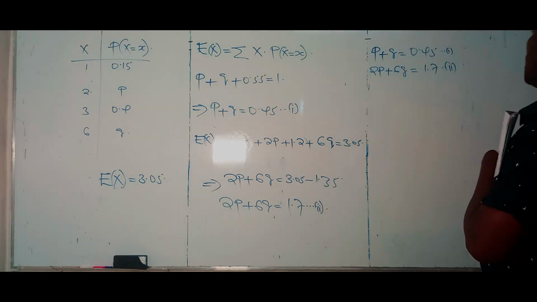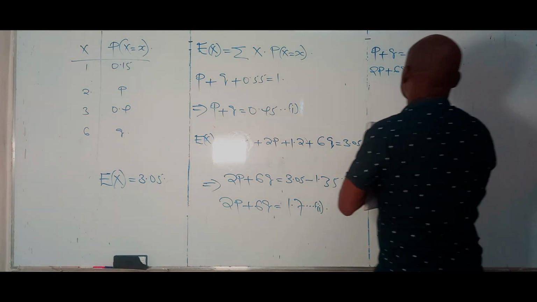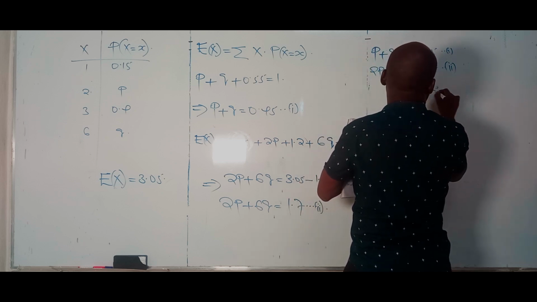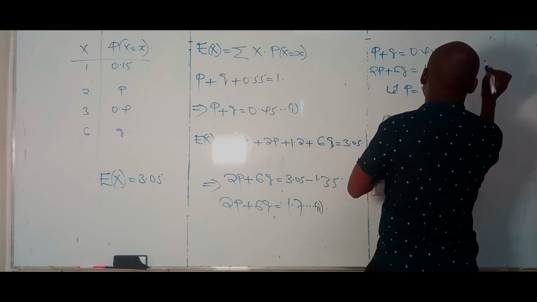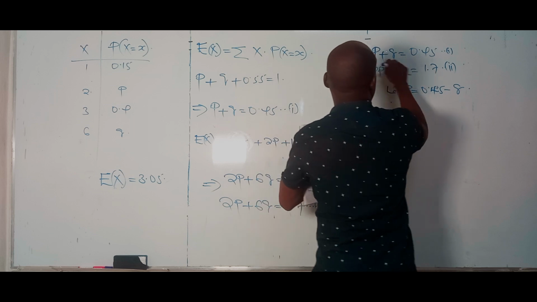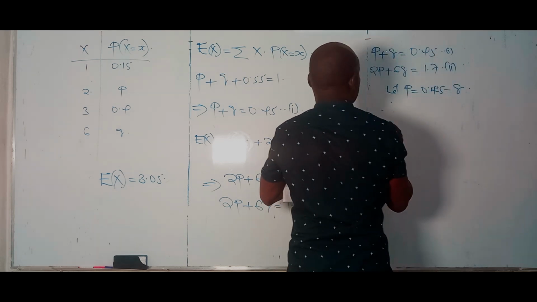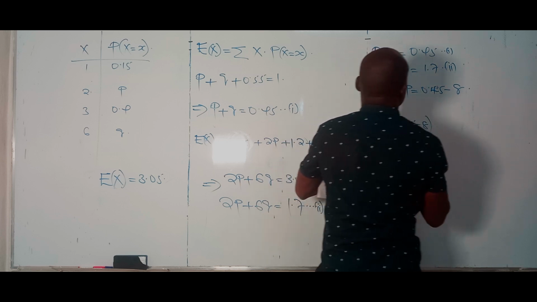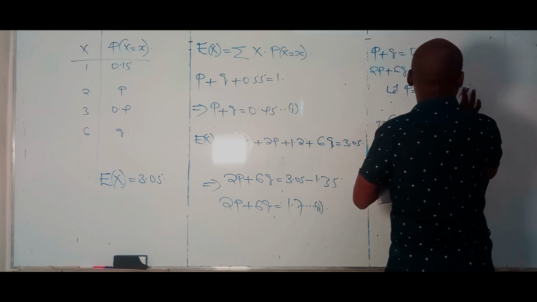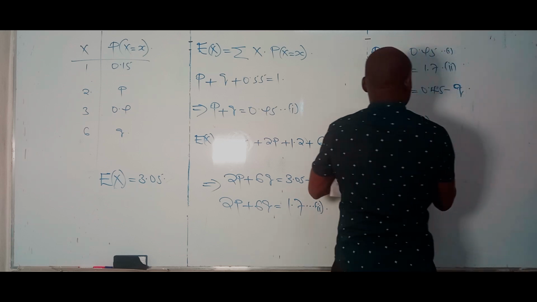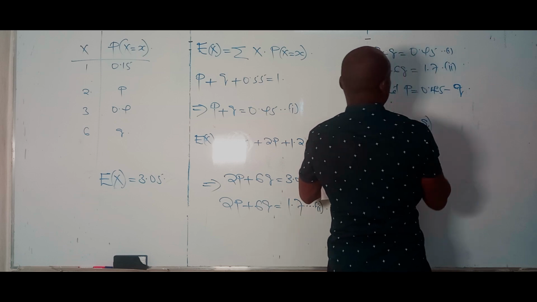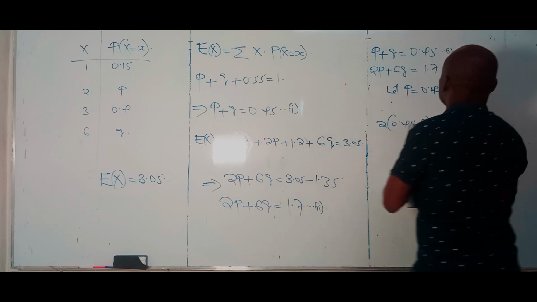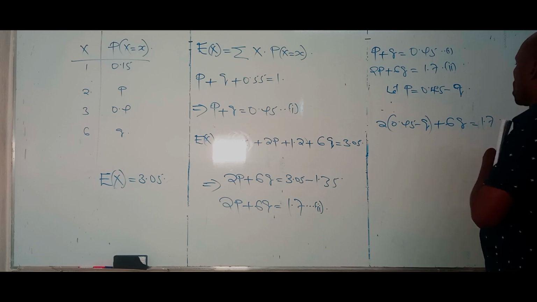So I can say let p be 0.45 minus q. Therefore, if I substitute it in the second one, it can be 2 times (0.45 minus q) plus 6q is equal to 1.7.